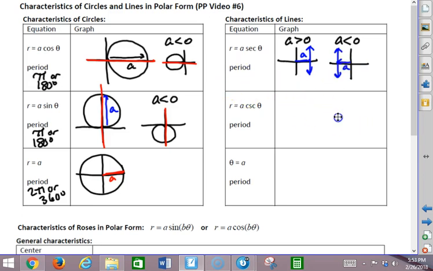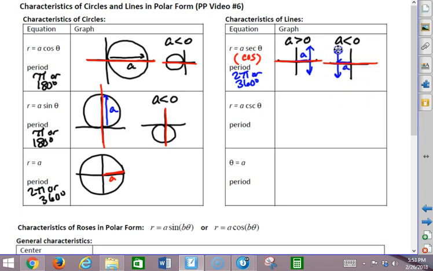The period of this graph to get both positive and negative values for A does turn out to be 2 pi or 360 degrees. Notice that the line of symmetry is still horizontal for a cosine graph. The secant goes with cosine. It's the reciprocal of cosine, so it still has that horizontal.